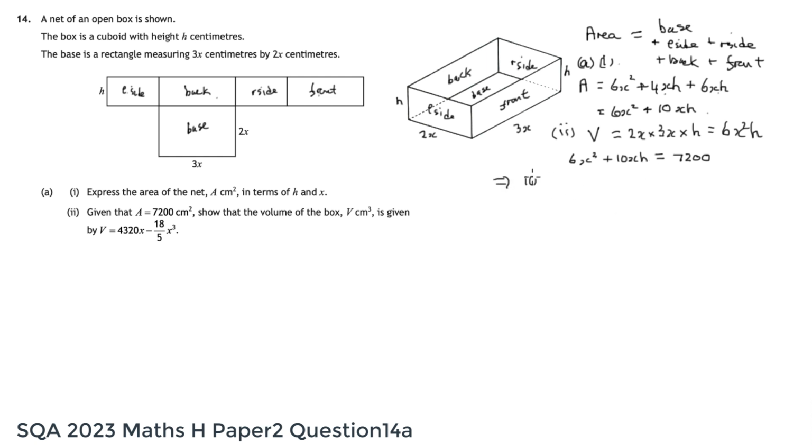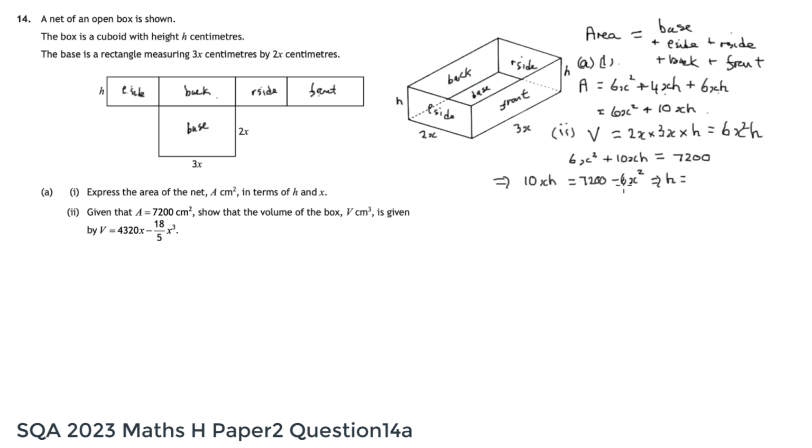So 10xh, we'll take 6x squared away from both sides, and then divide both sides by 10x. So we're going to get h on its own.